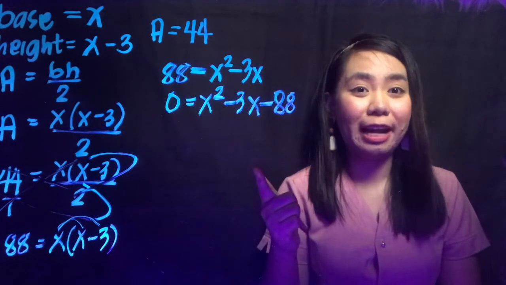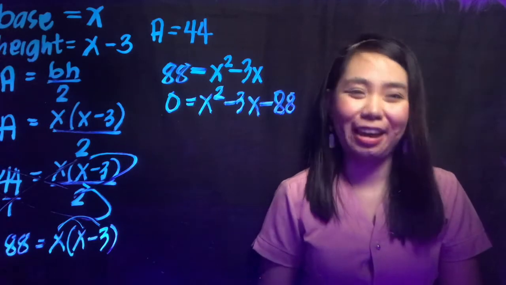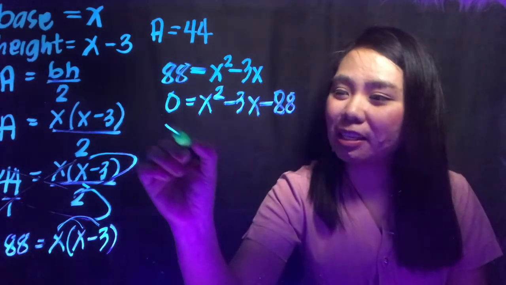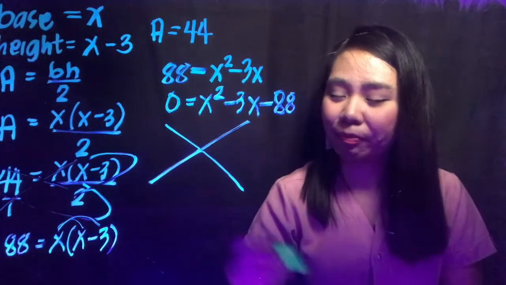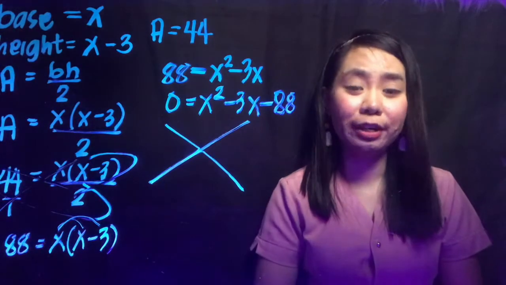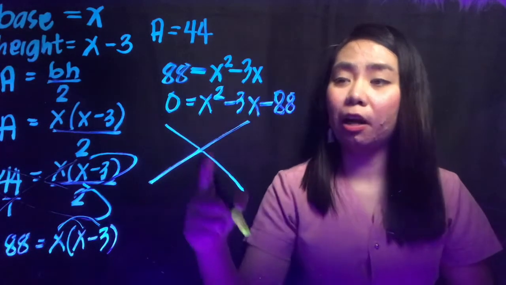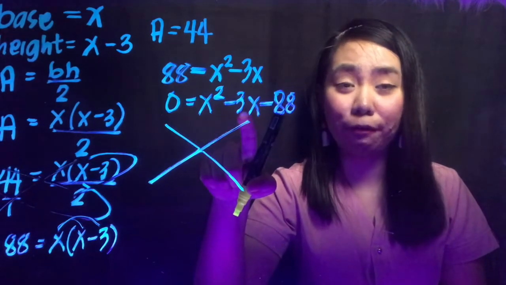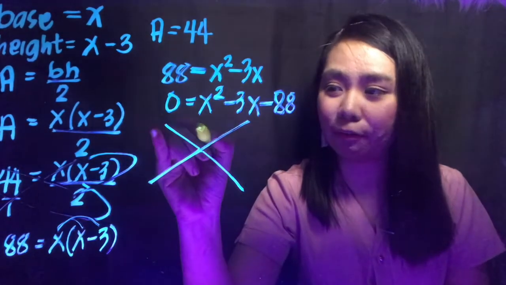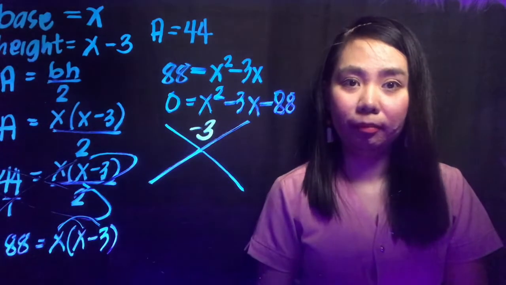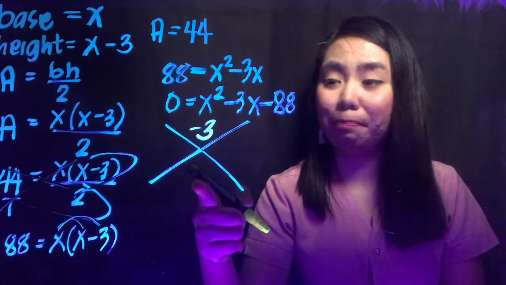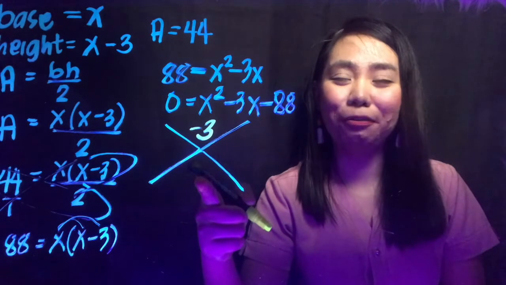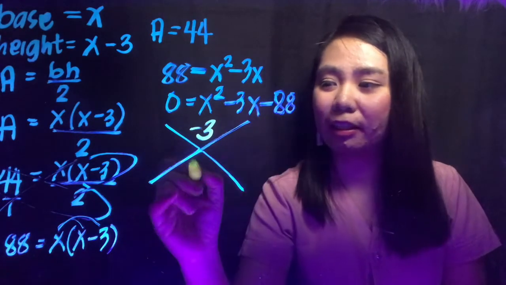To solve your quadratic, I will use the magic x. For the magic x, you just put here your x. And do not forget that the number written at the top is the sum of your roots, which is the coefficient in the middle term, negative 3. While the number written below is the product of the roots, which is the constant, negative 88.